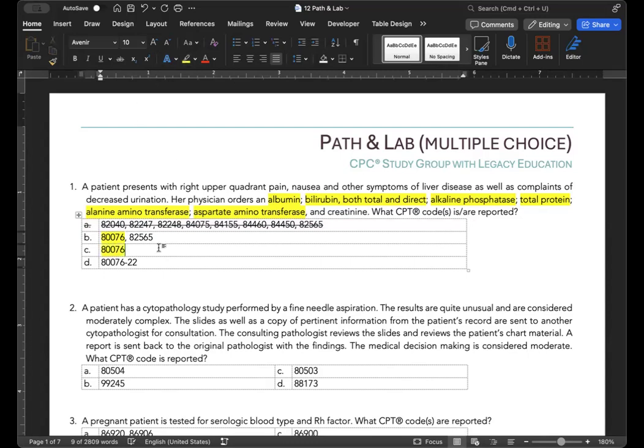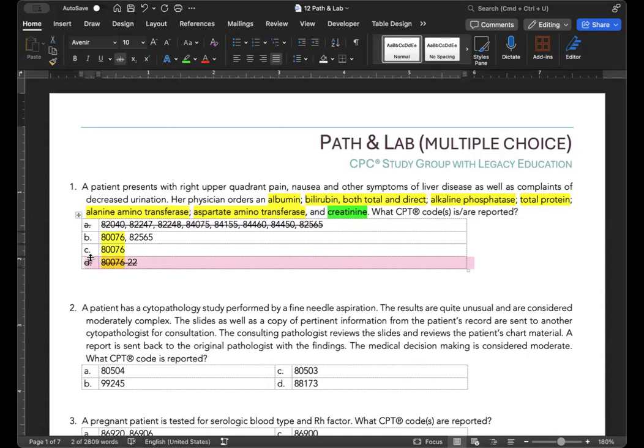But the one thing that we have to think about is this creatinine as well that has to be reported. If we have an additional test that can be reported, we will not use a 22 modifier, because we have to report what that additional test is, because that's all going to be dependent on what the test is.